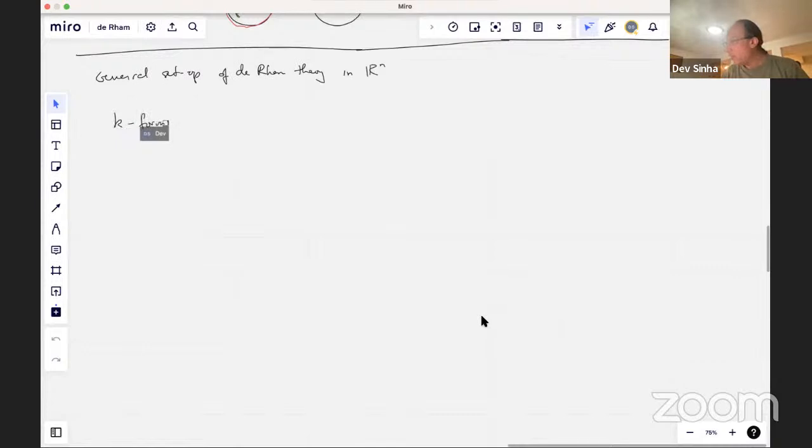K-forms are smooth assignments that take K vector fields and spit out a function, that is, they evaluate at each point.